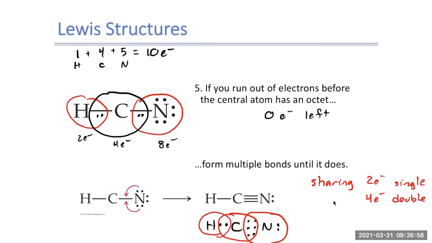With the double bond, they'll be sharing 4 electrons total. If it's sharing 6 electrons, like the carbon and nitrogen here, that's what we call a triple bond, because we have 3 lines. Triple. See, the names make sense. They just let us know how many electrons are being shared between the 2 atoms.